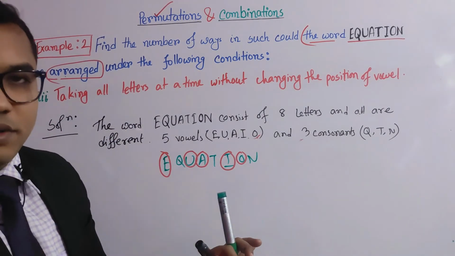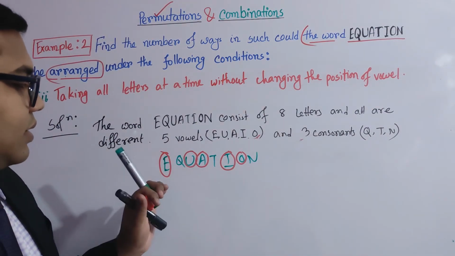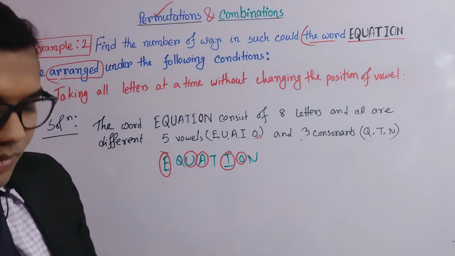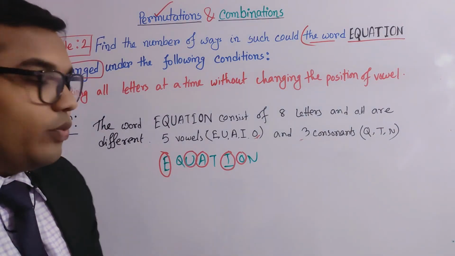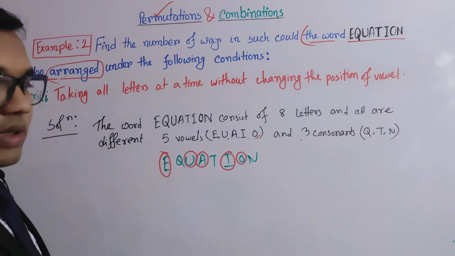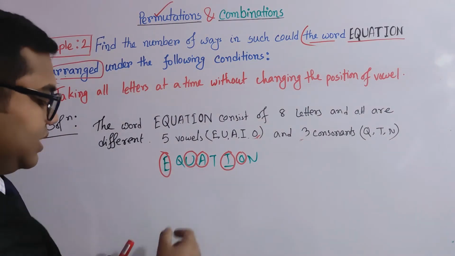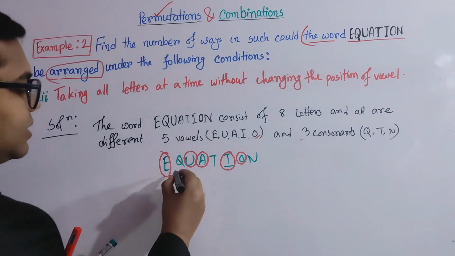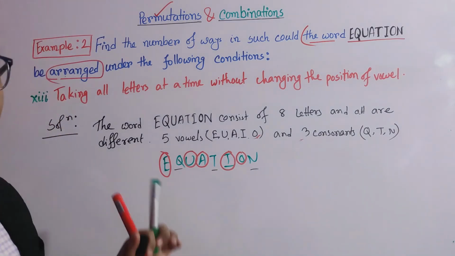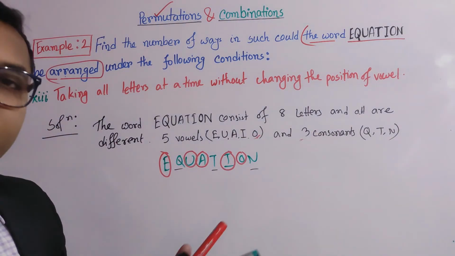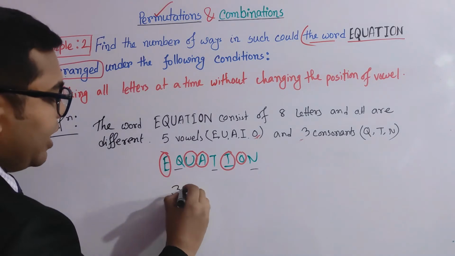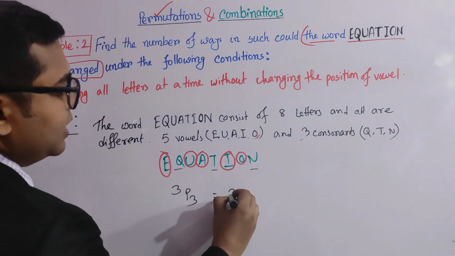We can't displace them. We can only change the positions of the consonants. How many positions are there? There are 3 positions and we have 3 options. So our answer should be 3P3, that is 3 factorial.